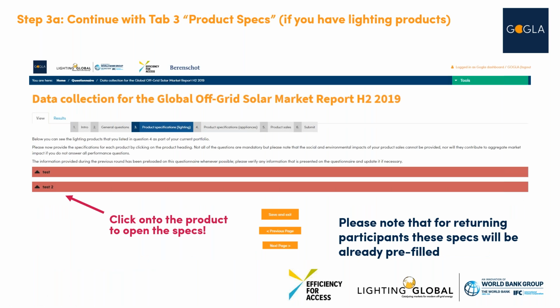And because I have clicked that I sell both lighting and appliances products, I see both these sections as active. So I see those 2 tabs, and I need to fill them in both. Now I had a test 1 and a test 2 for the lighting products, and they're shown here.